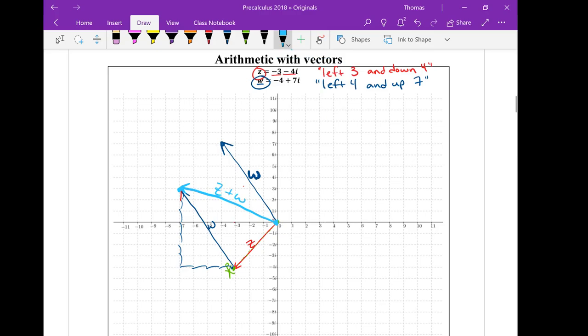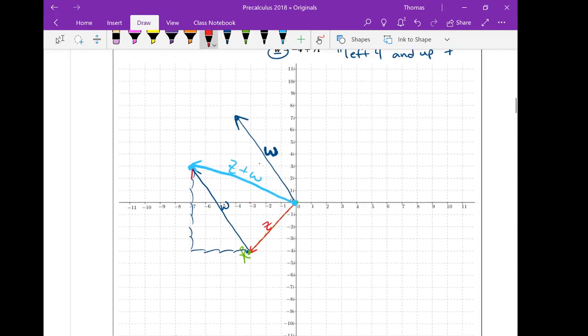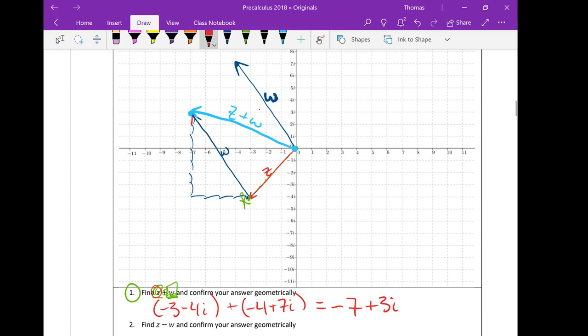So let's summarize what we did here. We thought of z and w as instructions telling us where to go from the origin. If we start with z and say first go z, we started at our origin, we walked along our red arrow z, and we ended up waiting right there where the little green guy is. And then we had another instruction that says plus do what w tells you to do.